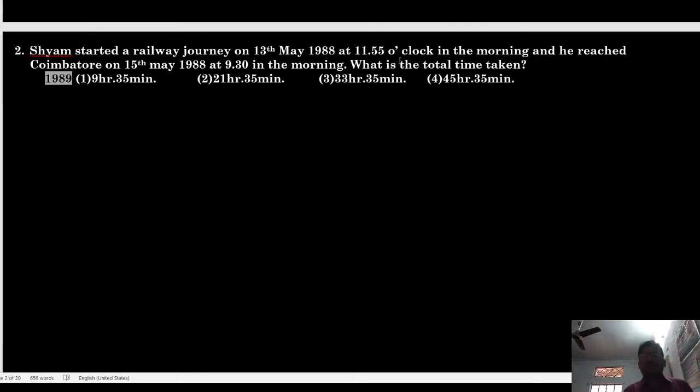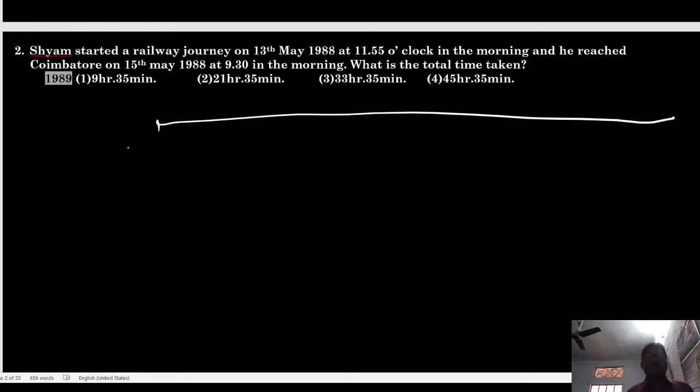So this is the correct question, children. Shyam started a railway journey on 13th May 1988 at 11:05, 12 o'clock in the morning, means AM.